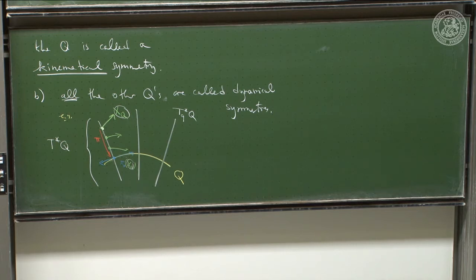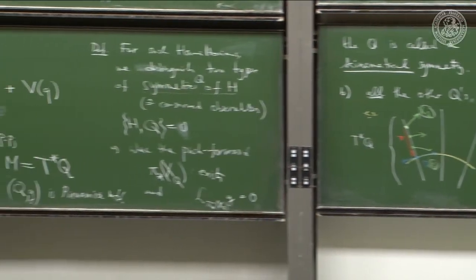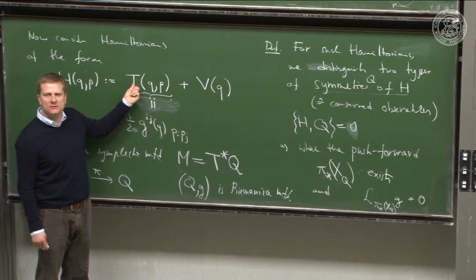And this only refers to the kinetic part here. And therefore we call it a kinematical symmetry because it only refers to the kinetic part. And you see the kinetic part only refers, by construction, but that's essentially Newton's first axiom, that the kinetic part looks like this.